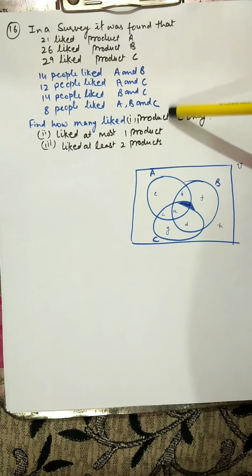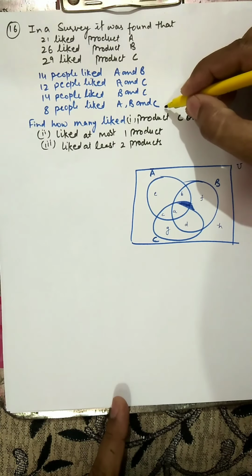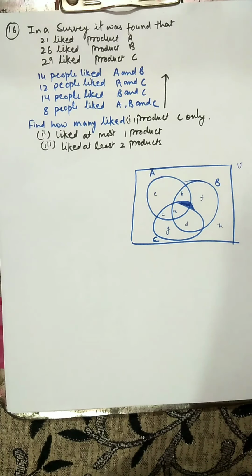We read from the last line first, then the second last, third last, fourth last, fifth last, and then go to the first statement, that 21 liked product A.